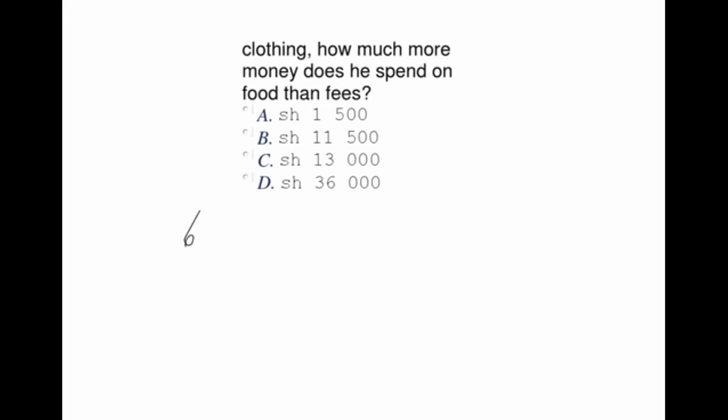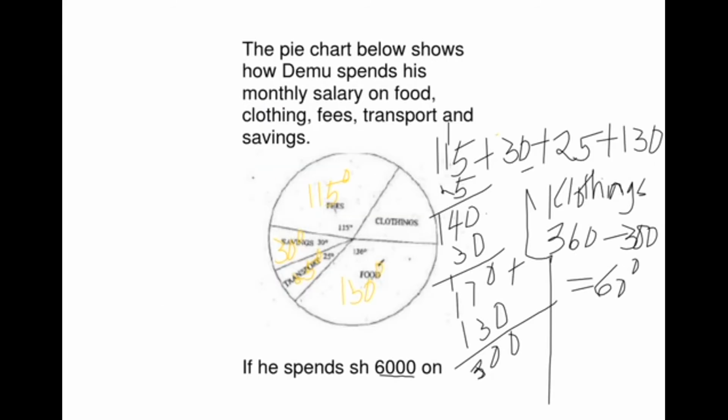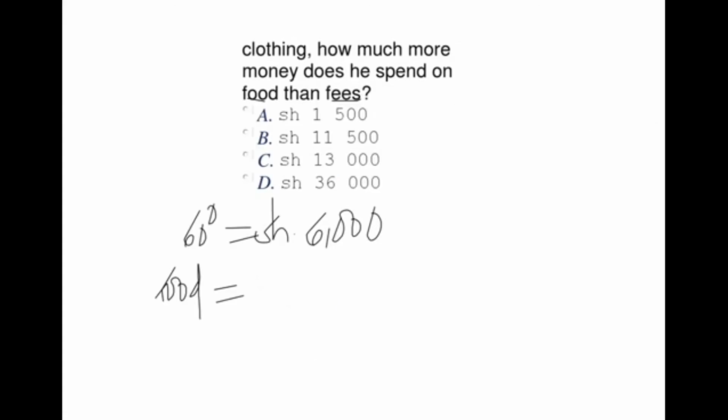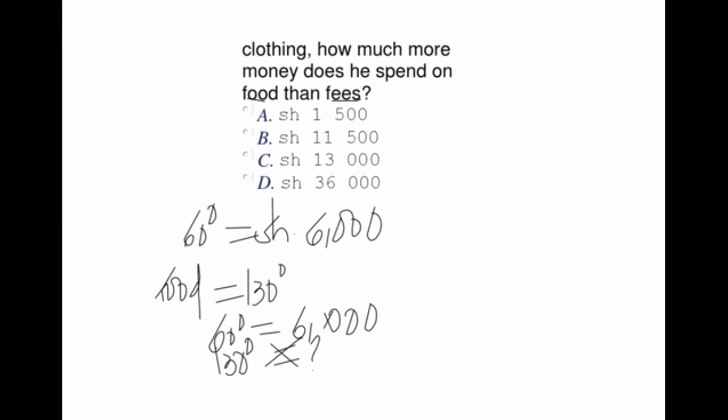So we know that 60 degrees equals 6,000. How much more money does he spend on food than fees? So for food, we have 130 degrees. So if 60 degrees equals 6,000 Kenya shillings, what about 130 will be giving us what?